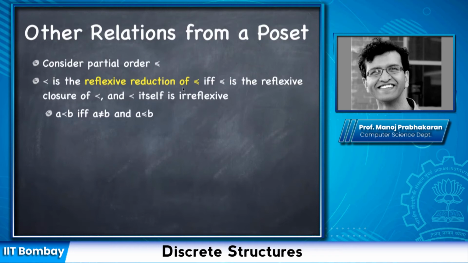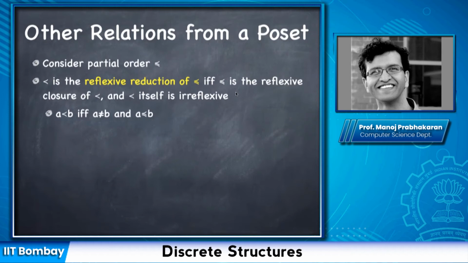And what that means is that it has all the information about the original relation, but it's itself irreflexive. But I can recover the original relation by taking the reflexive closure of this new relation. Okay, so the new relation is something which is by itself irreflexive. So it's a little simpler.